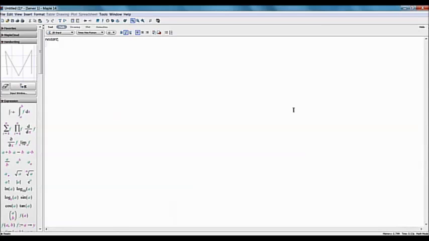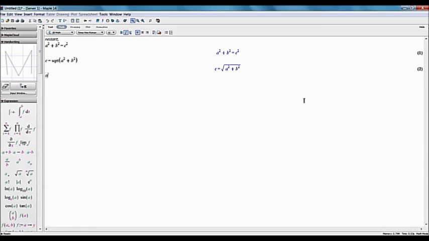So we know from high school geometry that the Pythagorean Theorem is defined as a squared plus b squared equals c squared, where a and b are the legs and c is the hypotenuse. And then we can solve for c by taking the square root of both sides. So c equals the square root of a squared plus b squared.